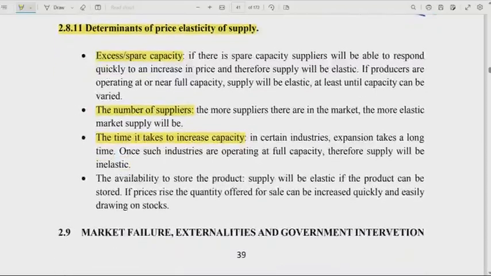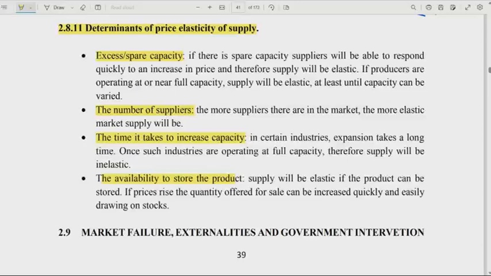And lastly, the availability to store the product. Can you have storage space to store your product? Supply will be elastic if the product can be stored. That's why people can keep their maize in stock. It means that if prices increase, you'll see a lot of people actually selling that product, because they were able to store it.